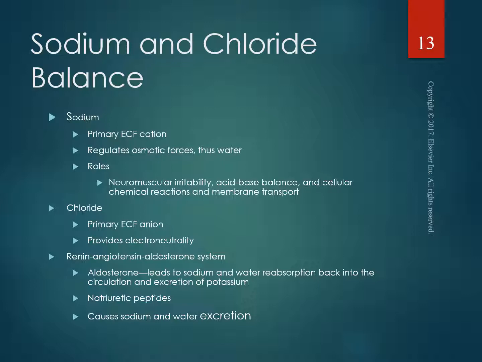When sodium shifts out of the cells, potassium moves back into the cells, resulting in repolarization of the cell membrane. Normally, sodium losses occur in the kidneys. Excessive losses can occur throughout the gastrointestinal tract through vomiting, diarrhea, and nasogastric suctioning also.